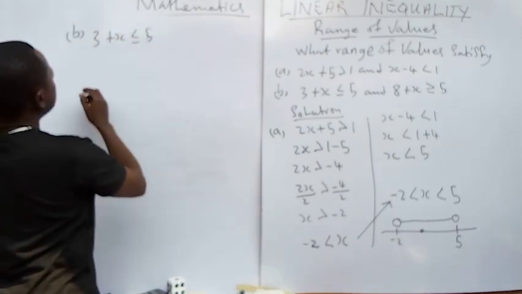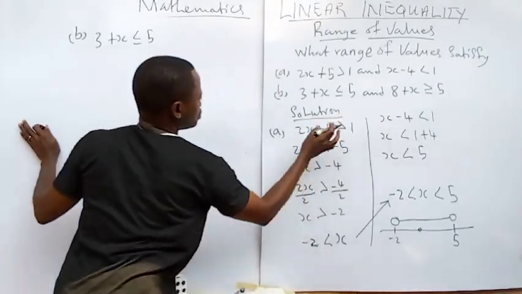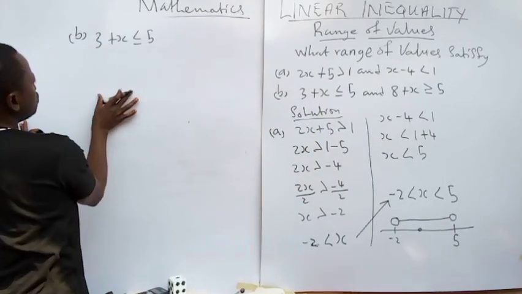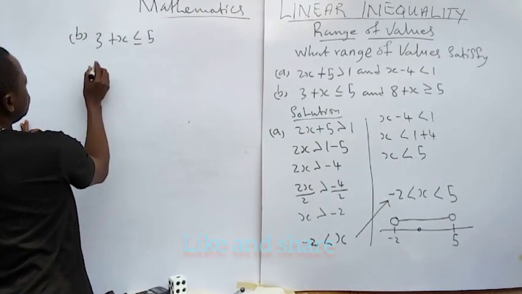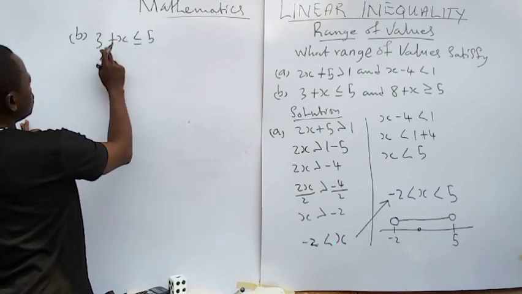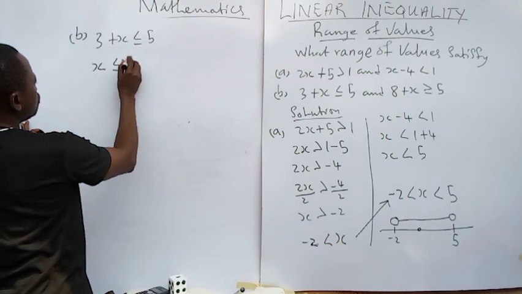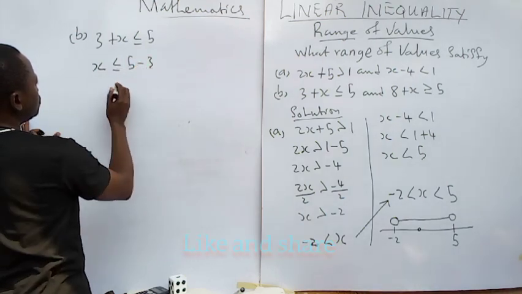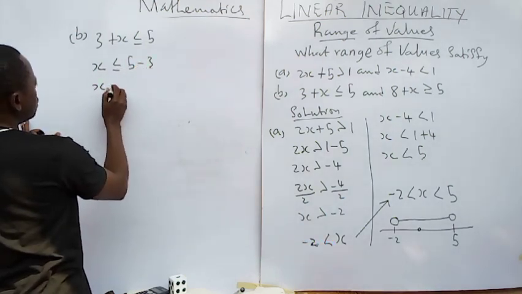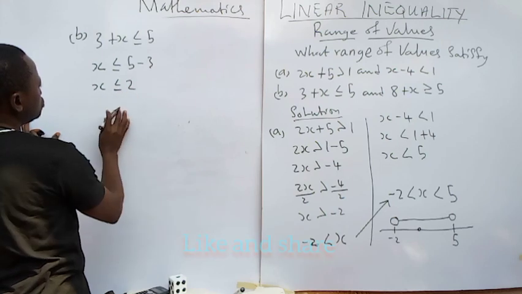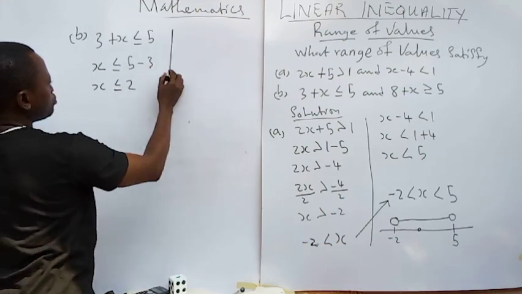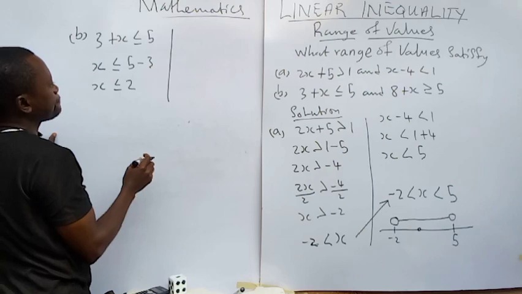And then we have also this one, but like I did here, you treat this one separately. So if you watch here, you will realize that if I bring this 3 over here, I will have x less than or equals to 5 minus 3. And this will become that x is less than or equals to 2. You keep it. So simple.